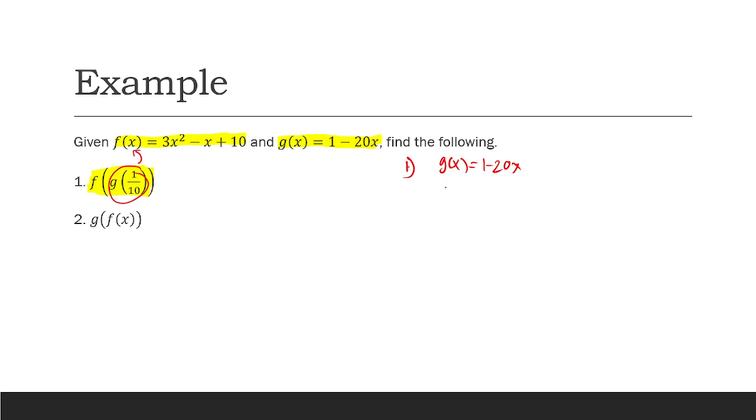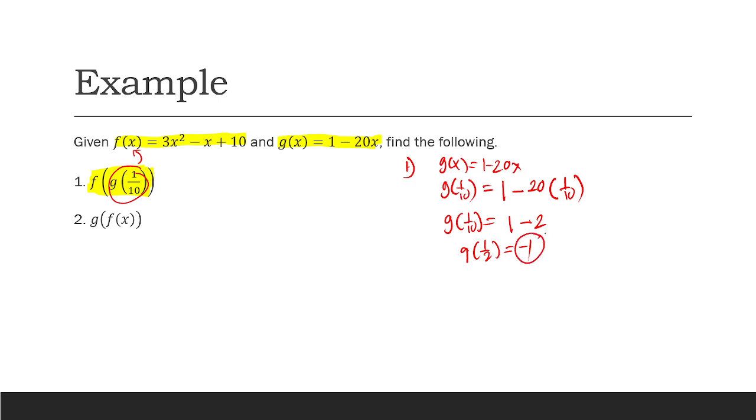Let's try to find the value of g of 1/10. So, to find that, we just need to substitute 1/10 sa x. So, we will have equal to 1 minus 20 times yung x natin is 1/10. So, therefore, we will have g of 1/10 is equal to 1 minus 20/10, that's 2. So, g of 1/10 natin is equal to negative 1.